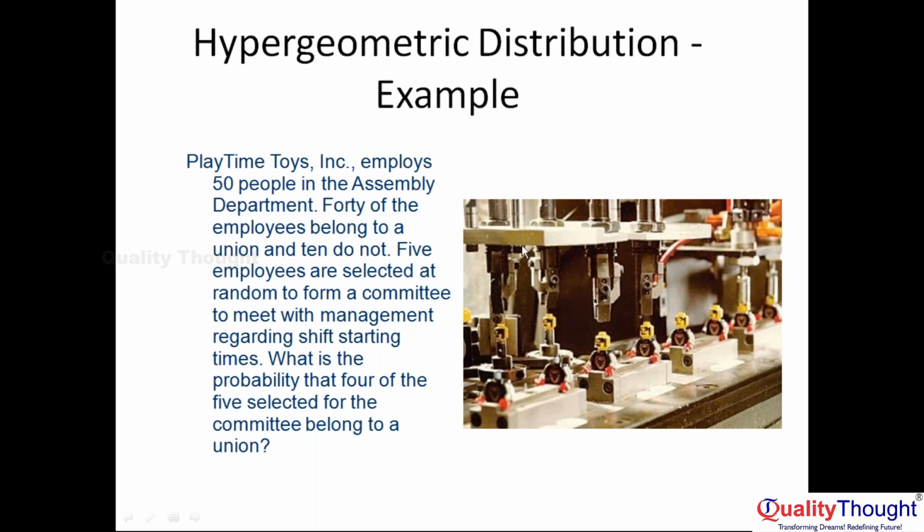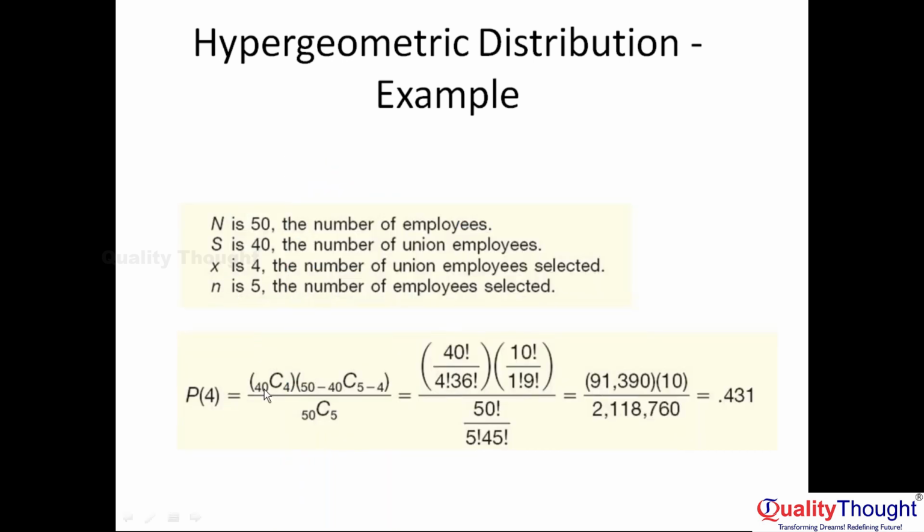That's completed. 40C4 times 10C1, divided by the total number of selections that you need to make. Total number of workers are 50, out of which you need to select a 5-member team. 50C5. Understand?